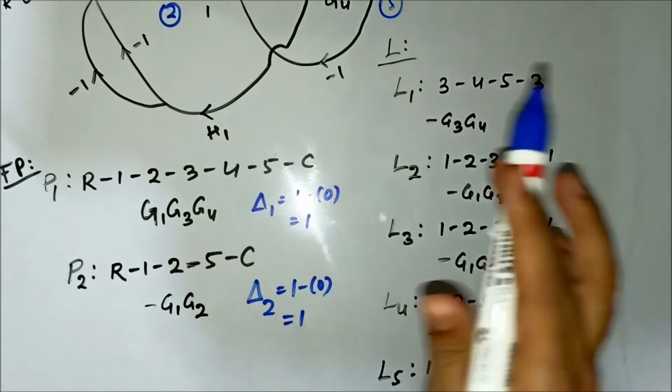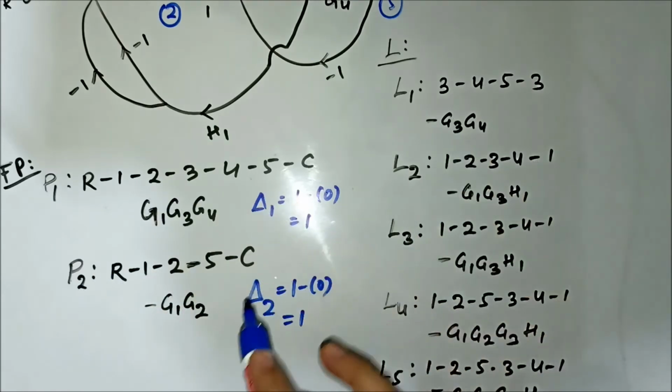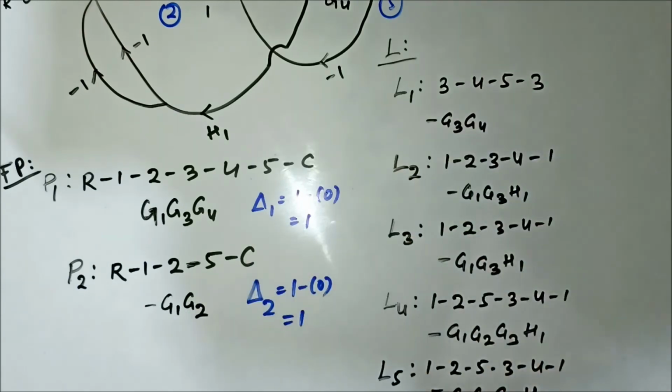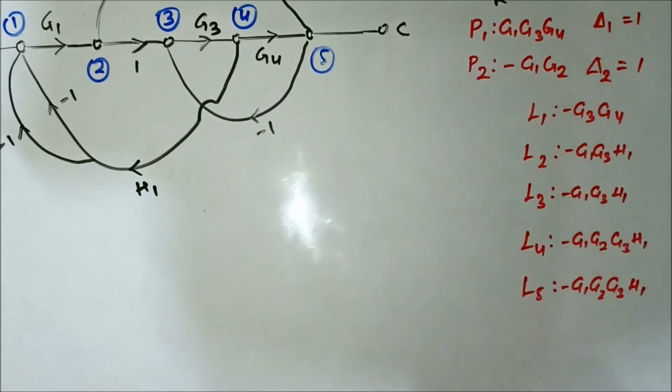So we have found out all the parameters: forward path gains, loop gains, path factors. Now we have to put the values in Mason's gain formula equation. So we have found out all the parameters required for Mason's gain formula.